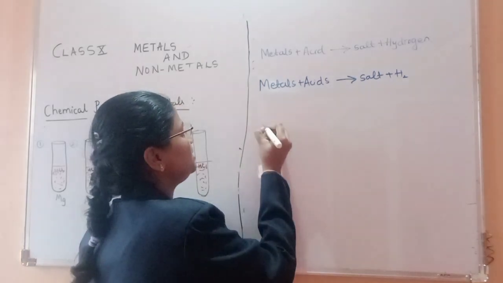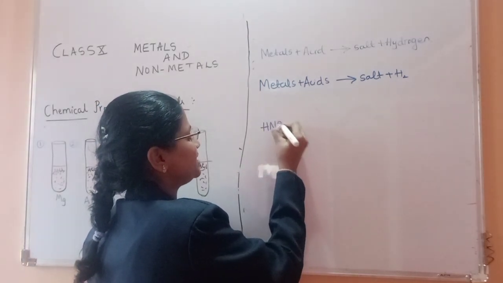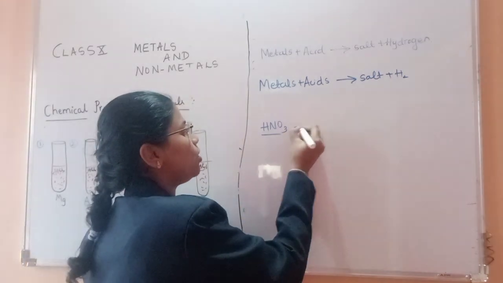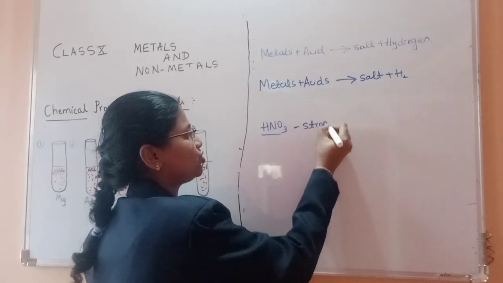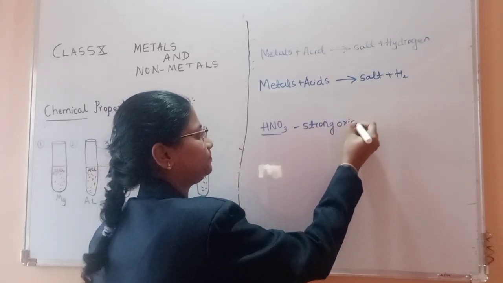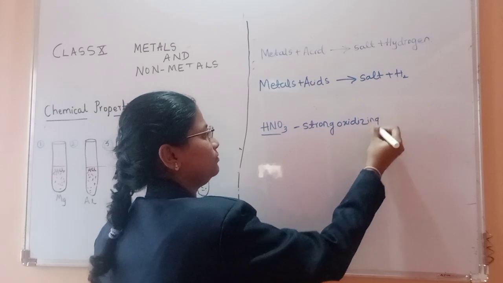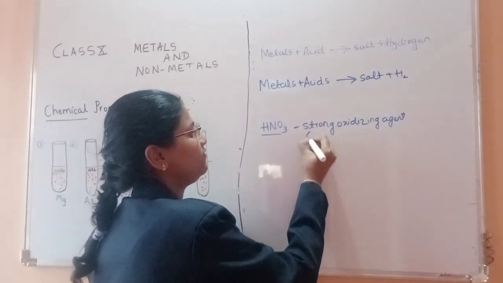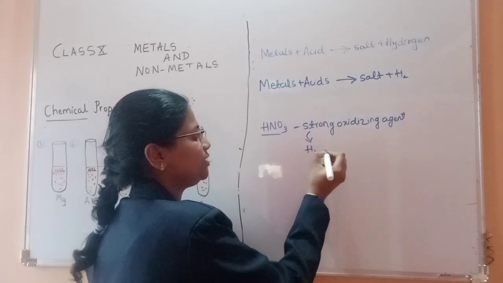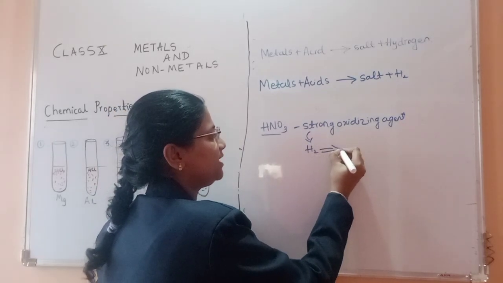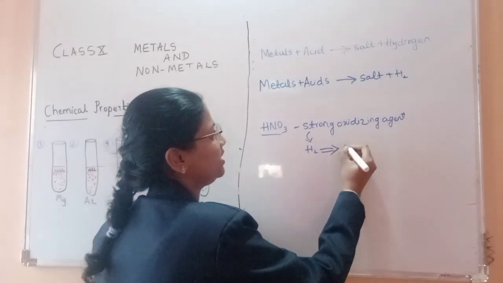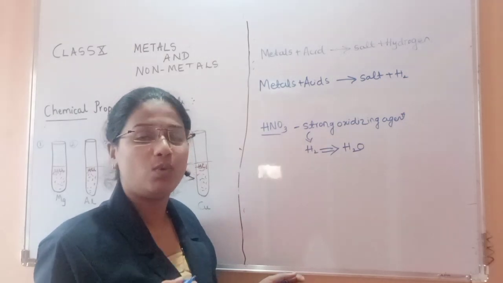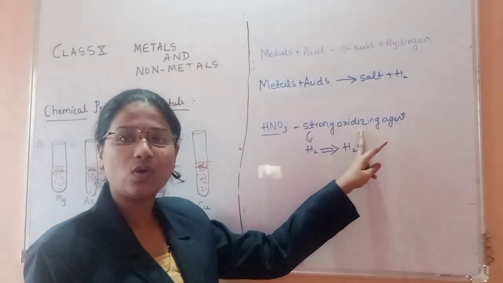But when we consider an acid like nitric acid, HNO3, it is a very strong oxidizing agent. Due to this property, whatever hydrogen is released during the reaction will be immediately converted into water, because it is a very strong oxidizing agent.